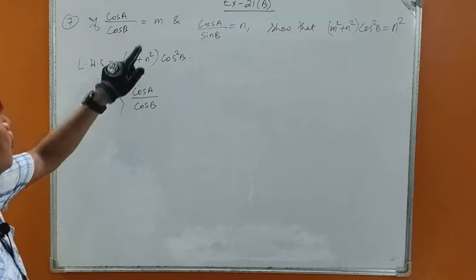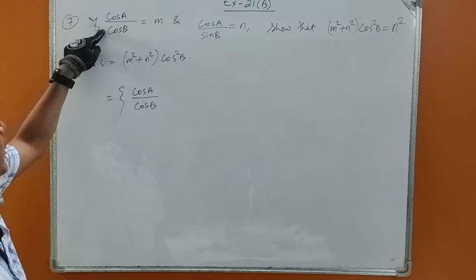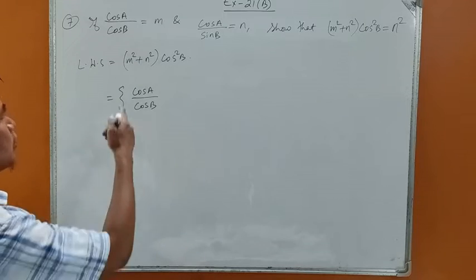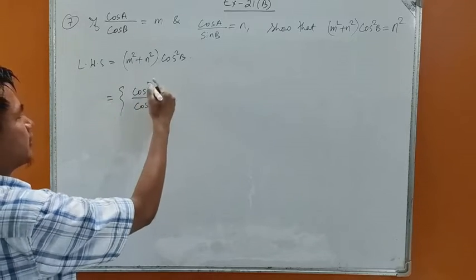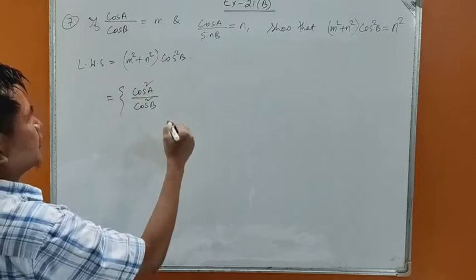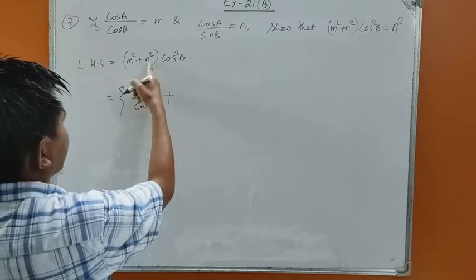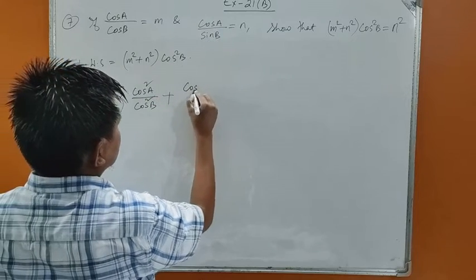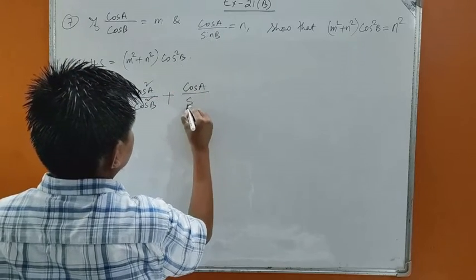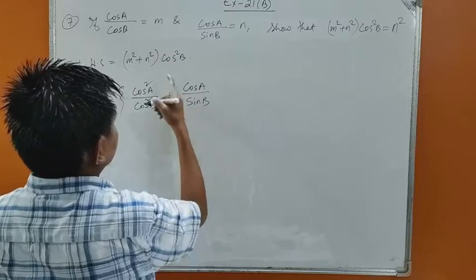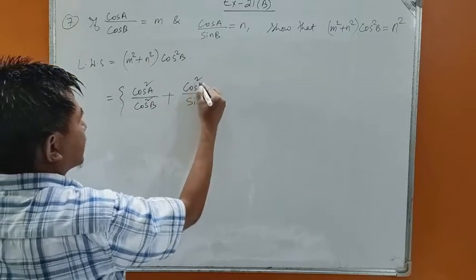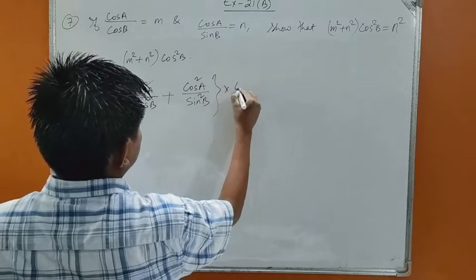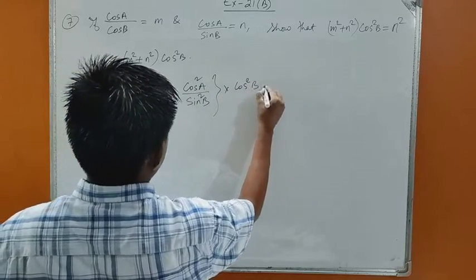M means cos a upon cos b, so m squared means the whole thing is squared, and I can put the square individually, plus n. What is n? N is cos a upon sin b, so n squared means I can put the square individually, into cos square b, isn't it?